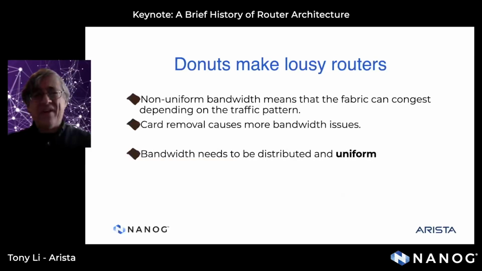And now our bandwidth can take very different paths across the torus, and you can end up having congestion at certain points around the torus. If you take out a card, you break the fabric, and you end up with even less uniform fabric, so you cause more bandwidth issues. Our bandwidth needs to be distributed, and it needs to be uniform. And this is actually a key point.